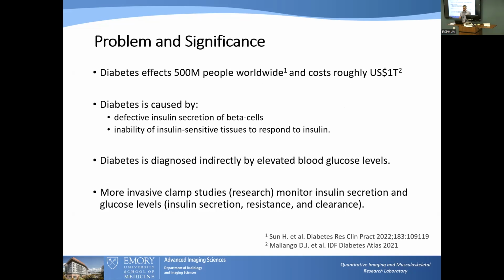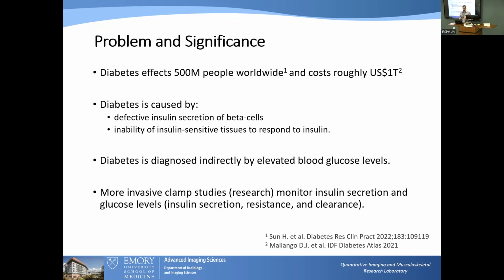So I don't have to describe the significance of the problem of diabetes to you. You know this way better than I do, and I'm learning along the way, but of course it's a highly prevalent and costly disease, and this problem is not getting better, it's getting worse.